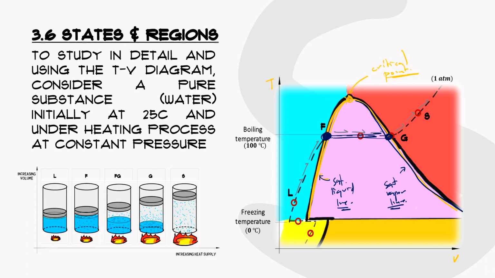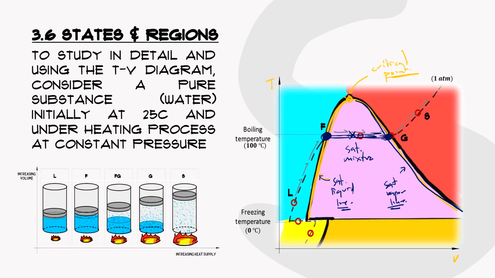But if you go to this point on the right, that's going to be fully vapor. That means no more liquid at this point. And anywhere in between, it's going to be a saturated mixture.